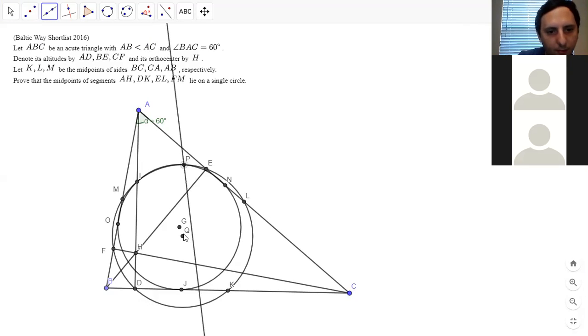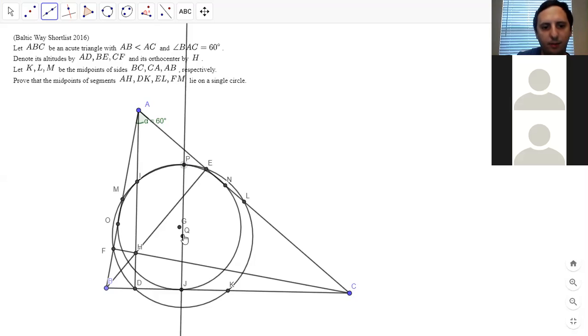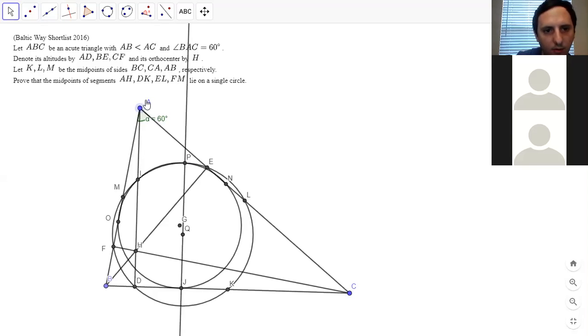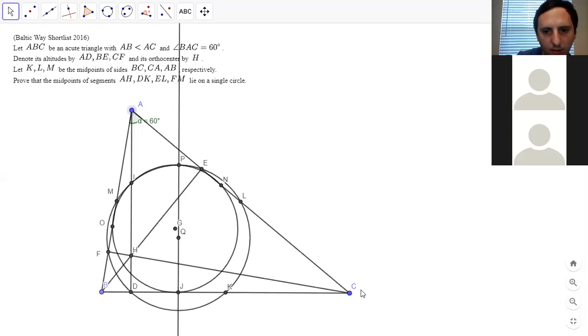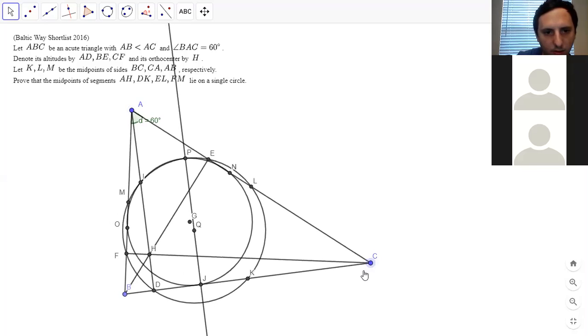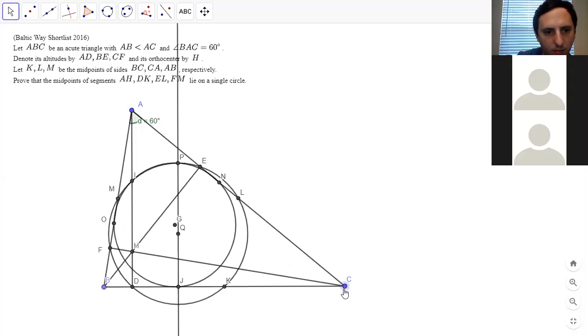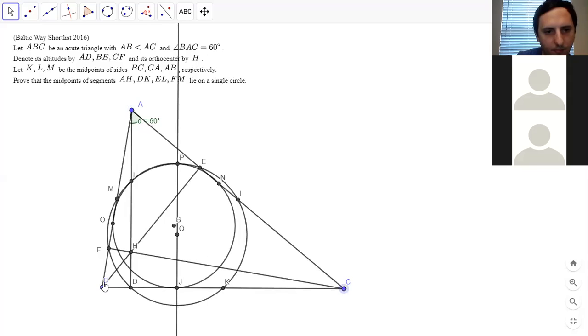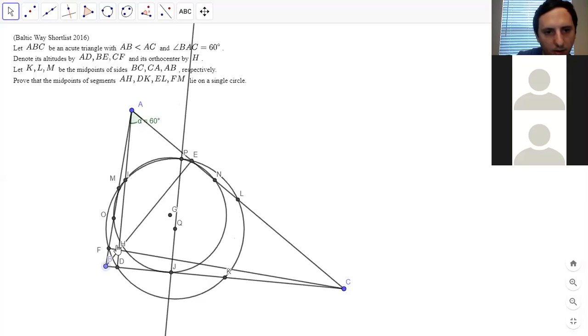I wonder if there's something special about this point P. Yeah, it looks like P, Q, and J are collinear. Test that. Yeah, pretty sure that's true.